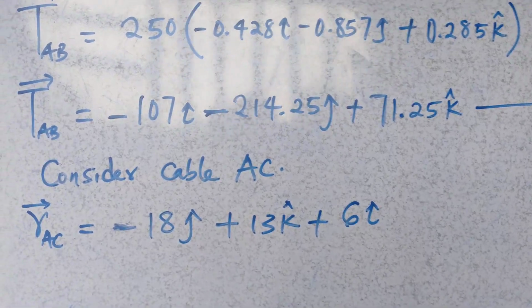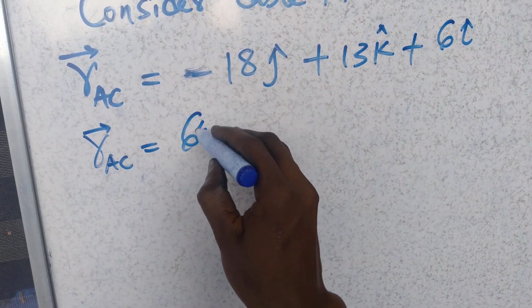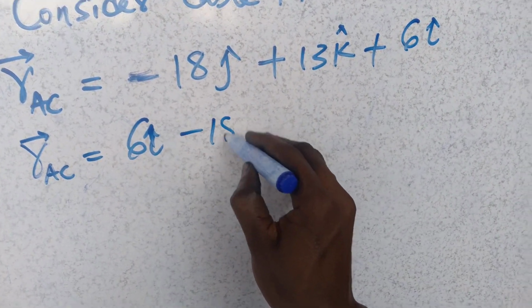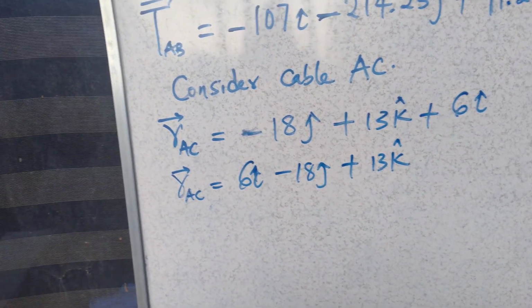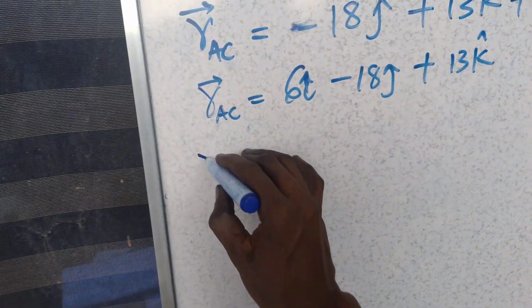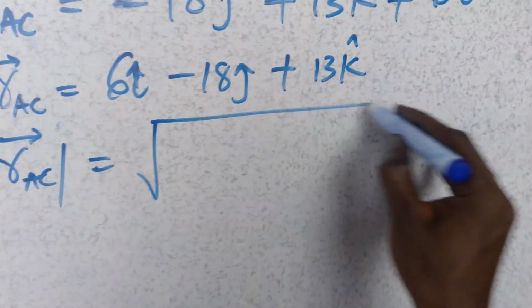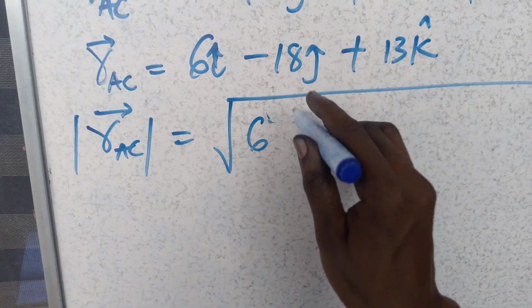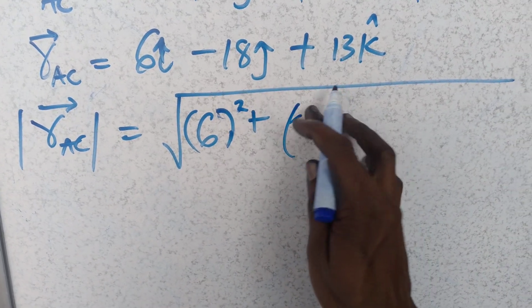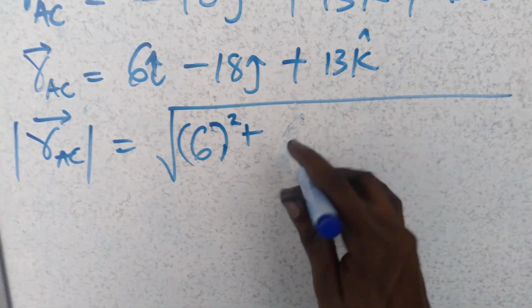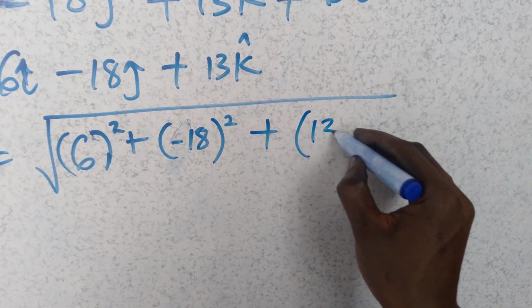plus 6I. So that means that if I arrange it properly now, RAC will be equal to 6I minus 18J plus 13K with respect to the I, J and K coordinates. So the modulus of vector RAC will be equal to the square root of 6 squared plus minus 18 all raised to the power of 2 plus 13 all raised to the power of 2.